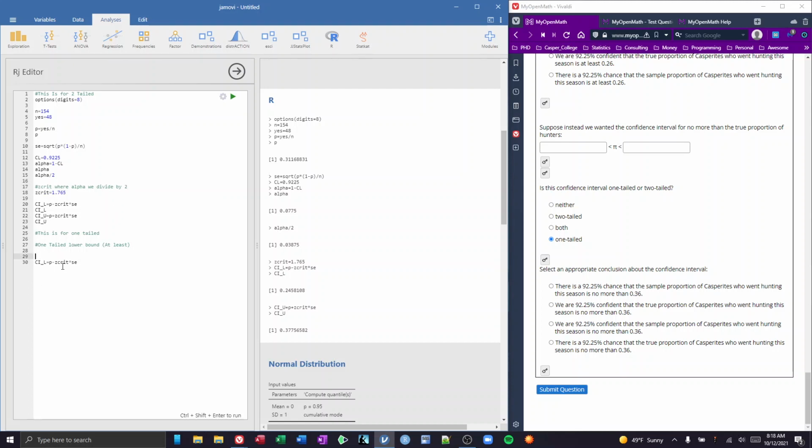And then here we're going to do a new Z critical, Z crit with alpha. This is because instead of dividing our alpha and throwing it to two sides, we're going to put it all onto one side. So now we need to know exactly what our alpha is. And when we looked at our alpha, it was 0.0775.